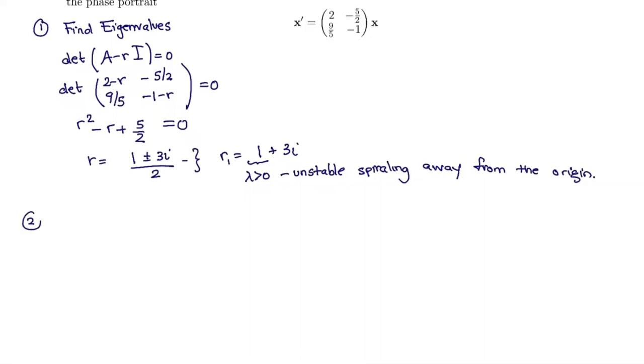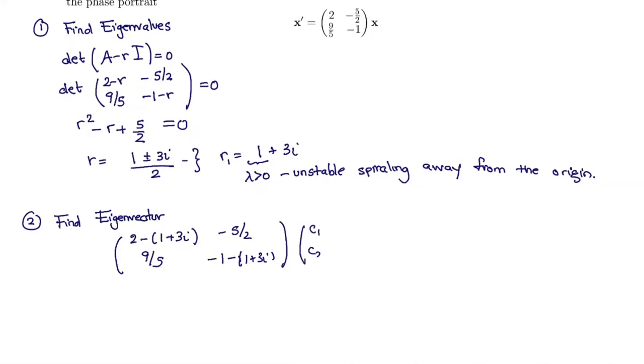So for my one eigenvalue, I will find the eigenvector. Which is going to be 2 minus (1 plus 3i), minus 5 over 2, 9/5, minus 1 minus (1 plus 3i), all times c1, c2, and we know the pattern, right?